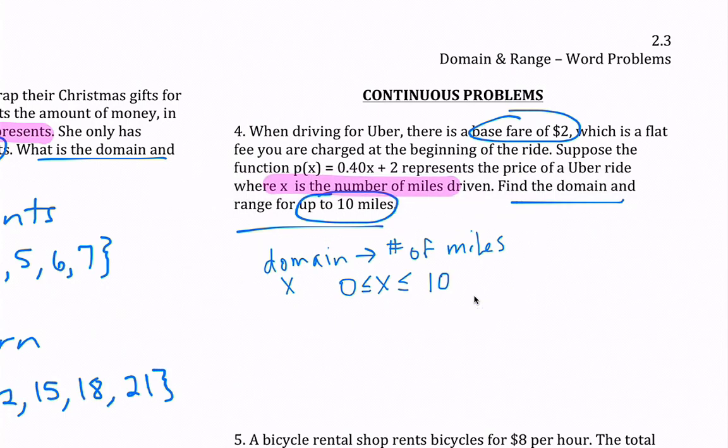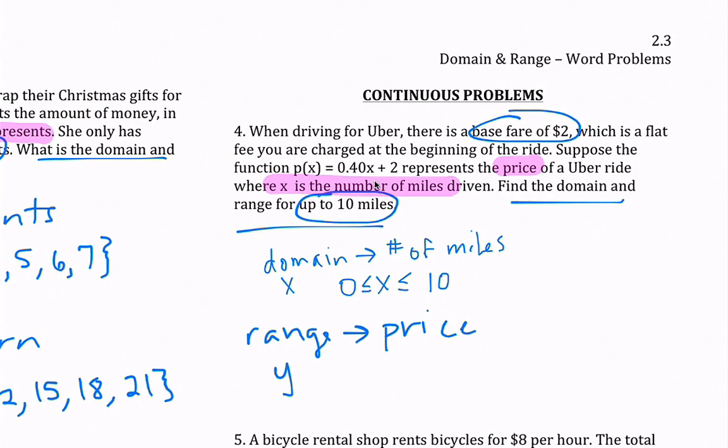All right, now let's talk about range. So we know that range is y. And in this case, we know that our y will be the price. How much is it going to cost us? So depending on how far we go, it's going to depend on what our price is.